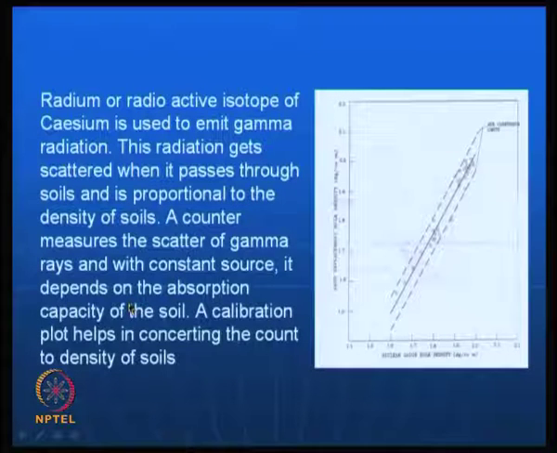So what we do is prepare some calibration charts like this. Say for example, this is what you get from a nuclear gauge bulk density, and this is from the sand replacement method. You have to get a relationship between them, and then see to what extent it is accurate. You should do a number of tests at different locations using both methods.